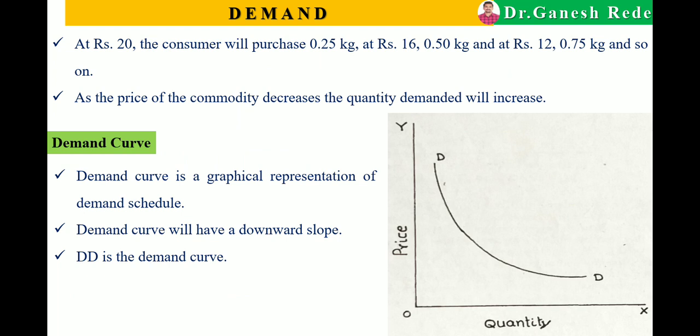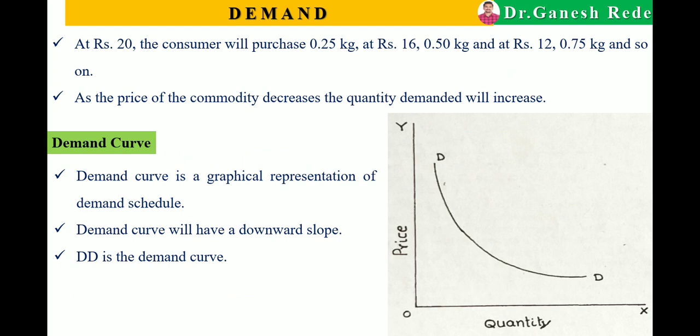The demand curve is nothing but a diagrammatic or graphical representation of the demand schedule. When we plot all the prices and quantities demanded on a graph, we get the demand curve.